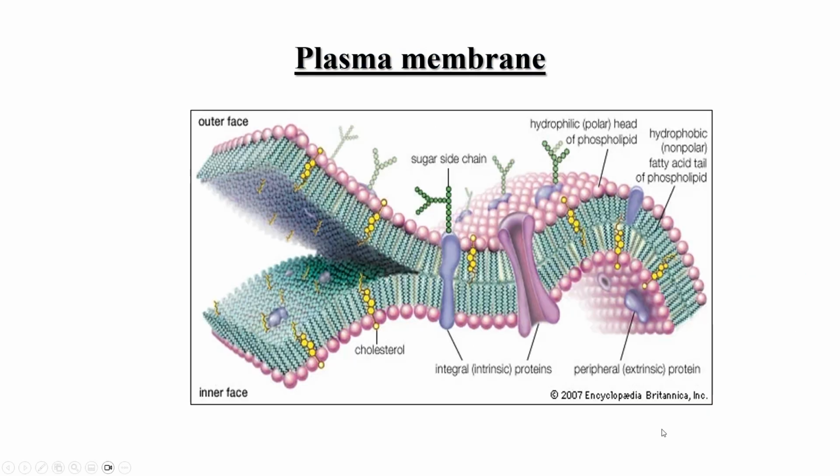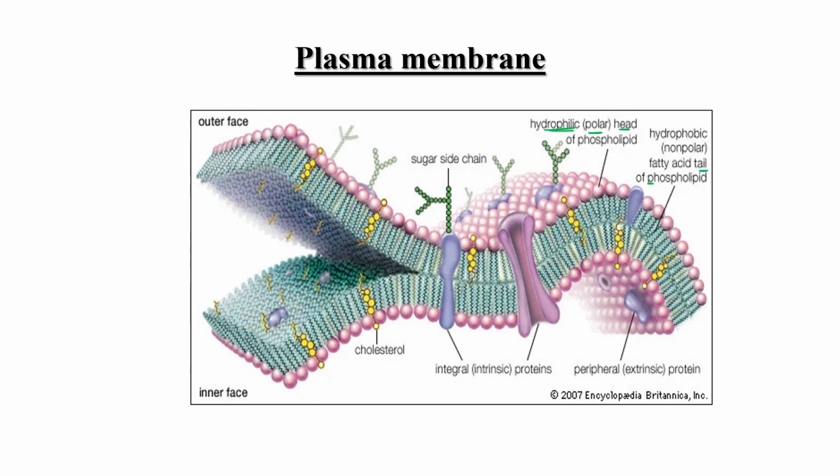Now here you can see the fluid mosaic model of the plasma membrane, which was given by Singer and Nicolson. As you can see, this lipid bilayer has the fatty acid tail region present inside the membrane, and the polar head region on the outside, which is known as the hydrophilic end.